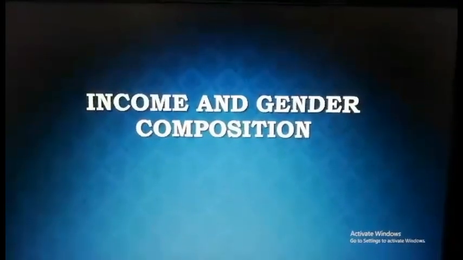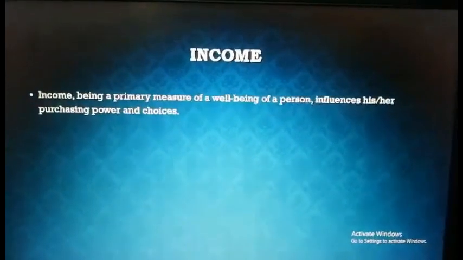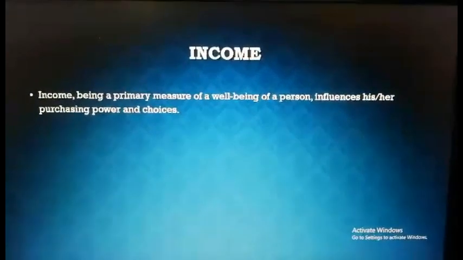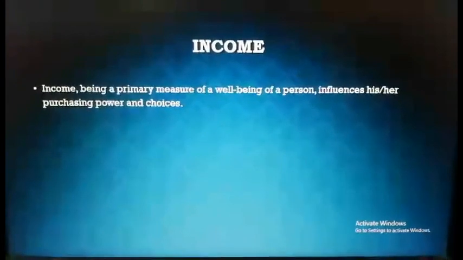Today we're going to discuss income and gender composition. But first we're going to start with income. Income, being a primary measure of the well-being of a person, influences his or her purchasing power and choices.